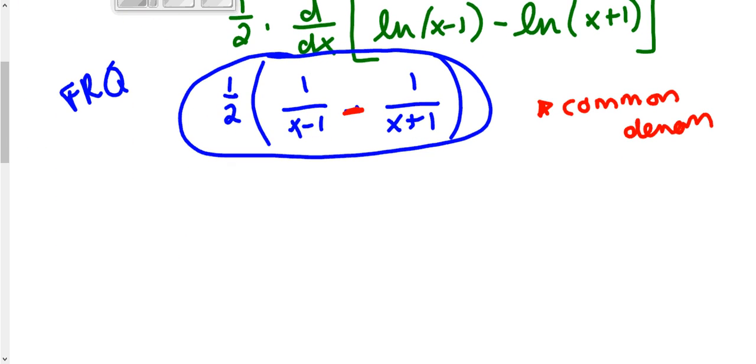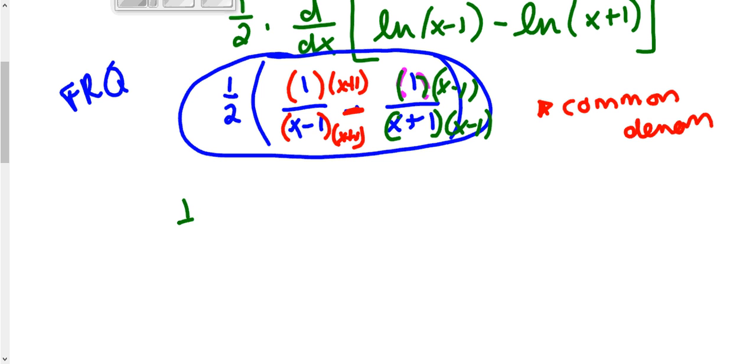To get a common denominator, this has x minus 1, this has x plus 1. Well, this one would need x plus 1 on the top and the bottom. This one would need x minus 1 on the top and the bottom.